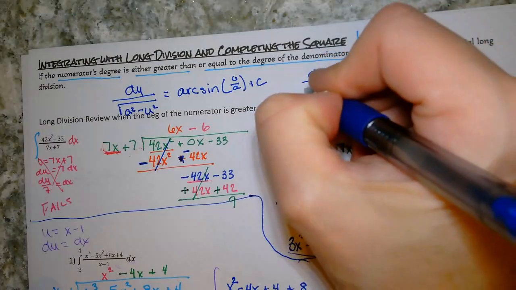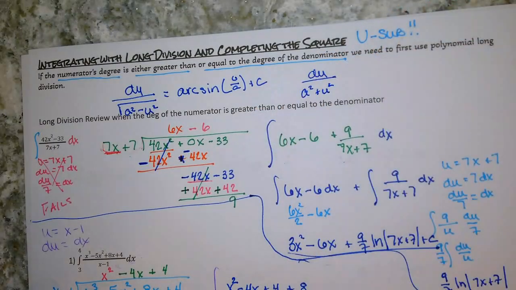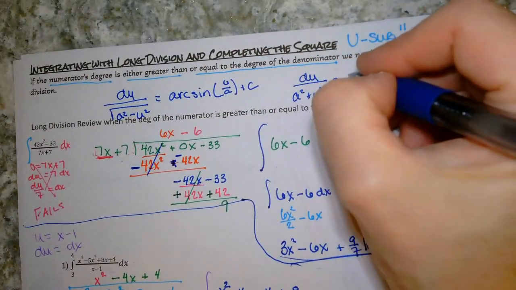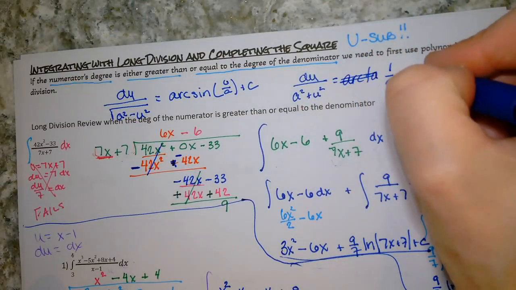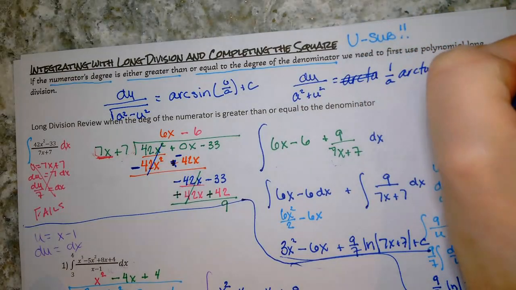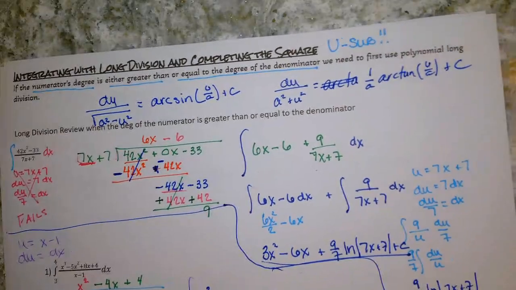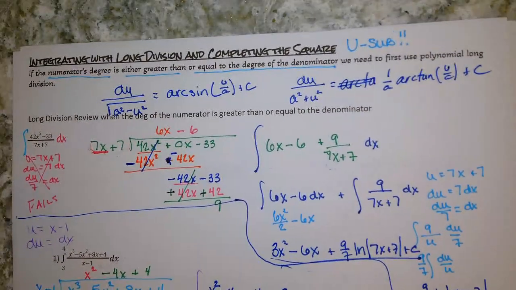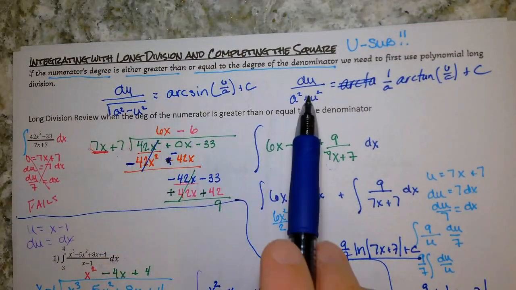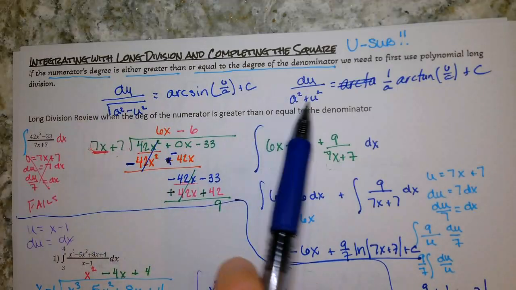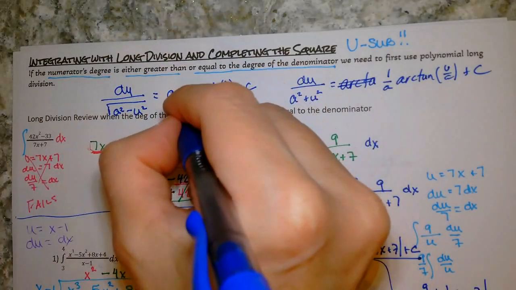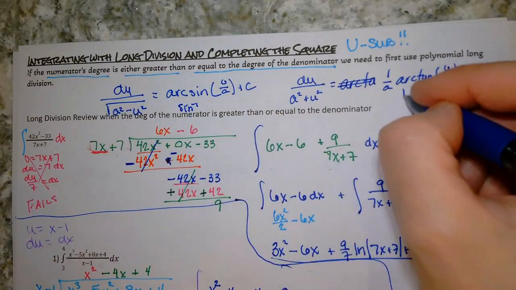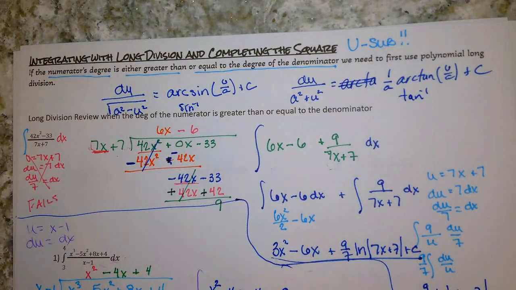If we have du over a squared plus u squared, that is our arctan. Whoops, it's 1 over a arctan u over a plus c. Okay, so these two are going to pop up again. If you complete the square, you're most likely going to revisit arcsine and arctangent. And just to recall, sine inverse is the same thing as arcsine, and so is tan inverse as arctan.